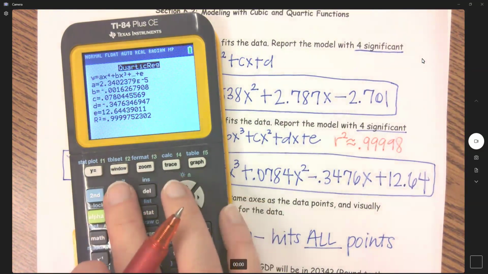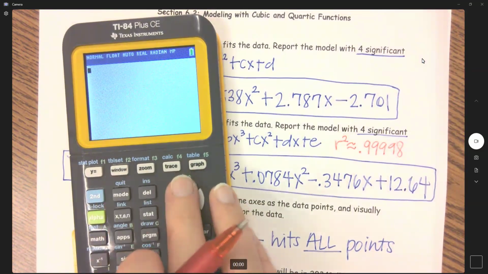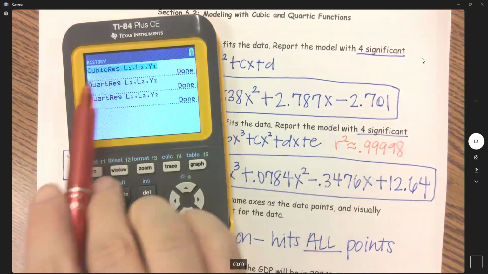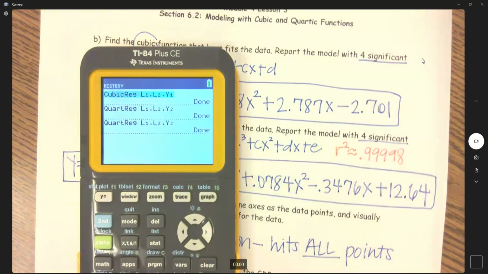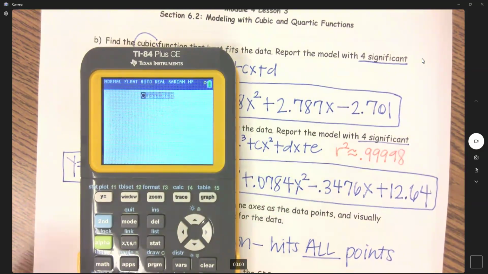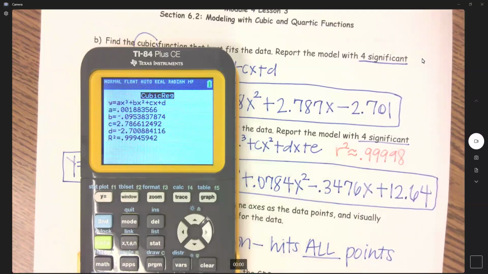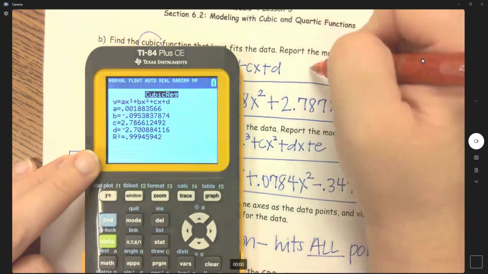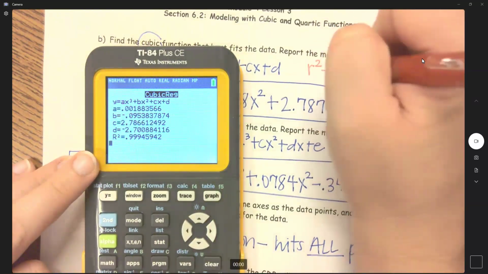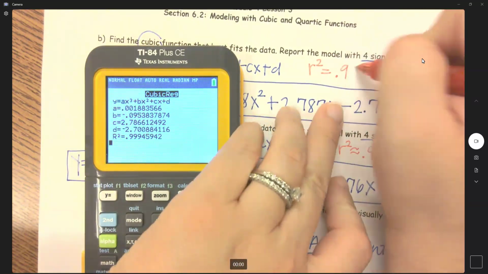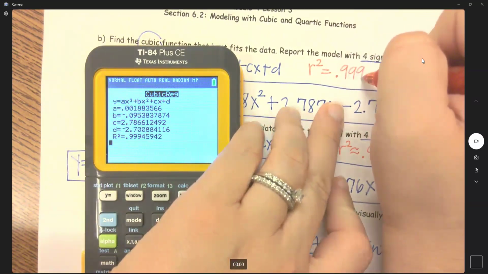If I go second mode to quit, now I'm going to arrow up until I get to my cubic regression. Hit enter, and I can get that data all over again. So don't go back through the steps. Just arrow up in your history and find your information. And here, my R squared is about 0.999.